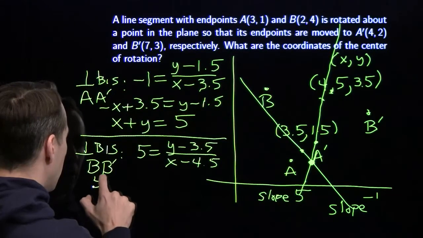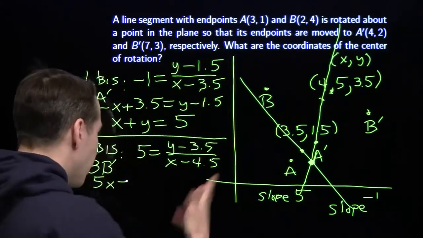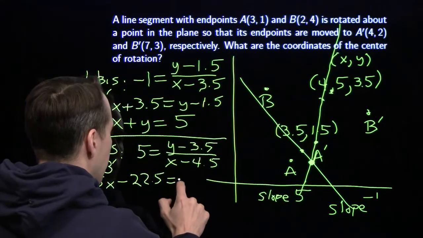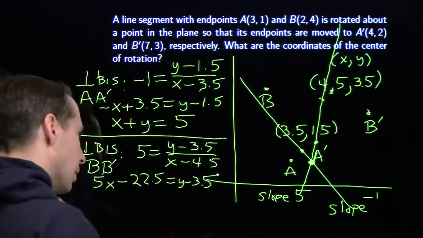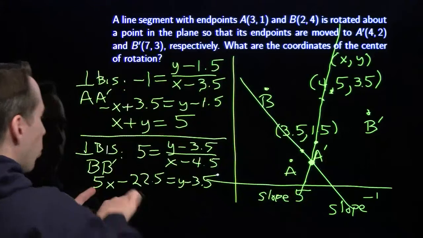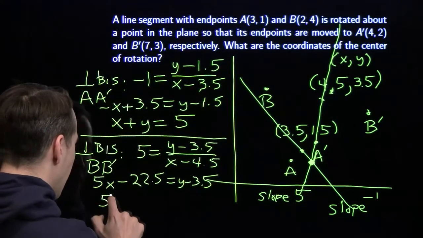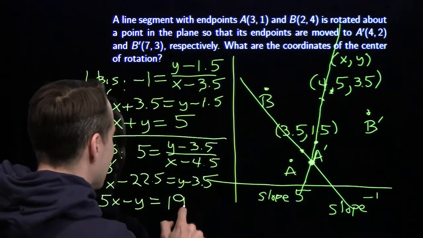We get 5x minus 5 times 4.5. 5 times 4 is 20. 5 times 0.5 is 2.5. 22.5 equals y minus 3.5. Again, we'll tidy this up a little bit more. Subtract y from both sides. Add 22.5 to both sides. We'll get 5x minus y equals 19.